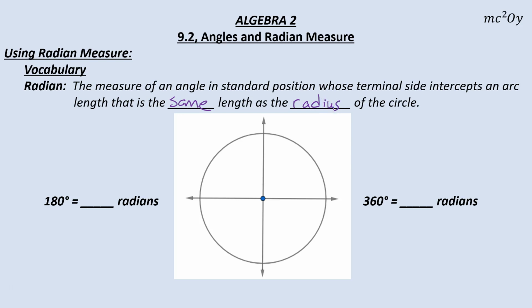Okay? And so if I were to look at this right here, this length right here, if I were to take that length r and bend it and stretch it along a circle like that, that would be a radian. There's that same length. Now this is an estimate, but okay.